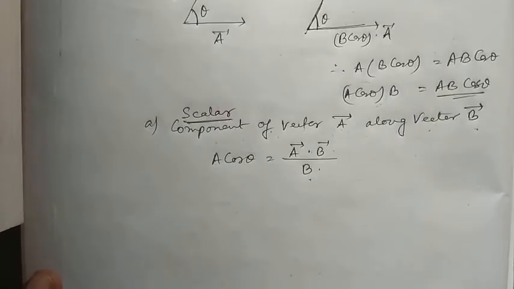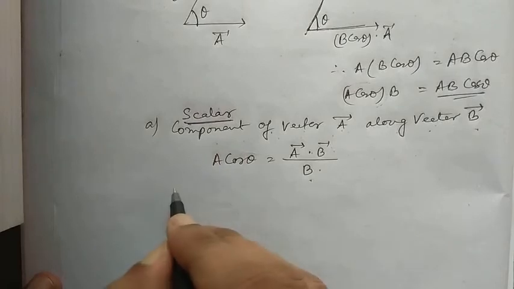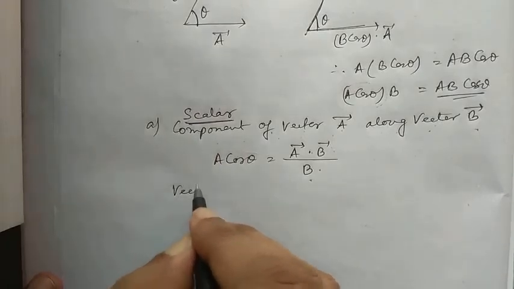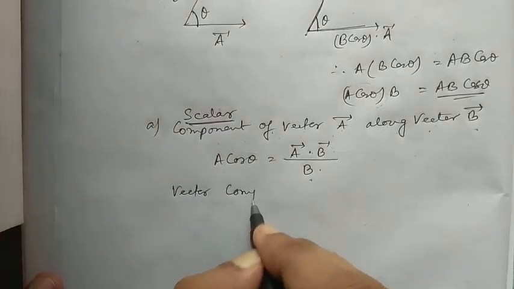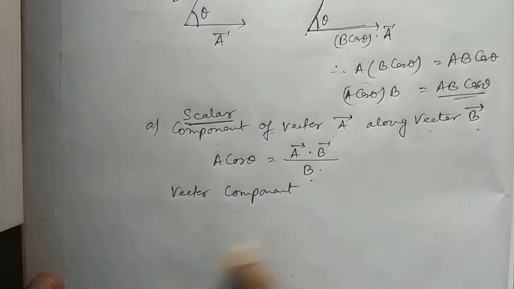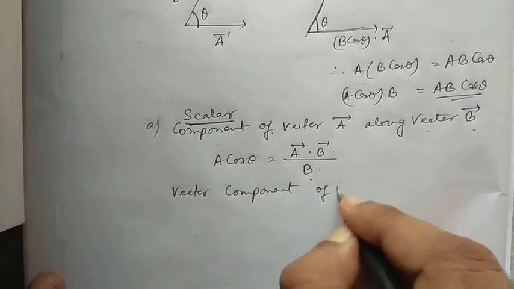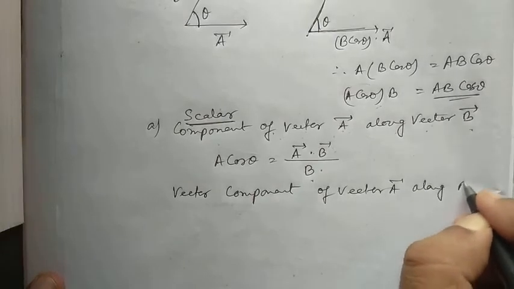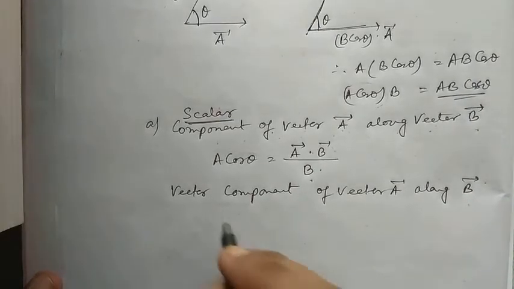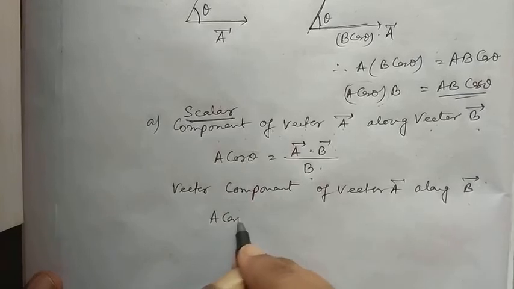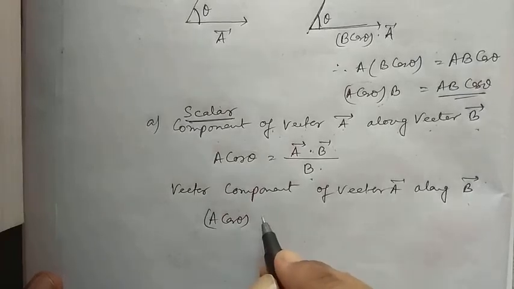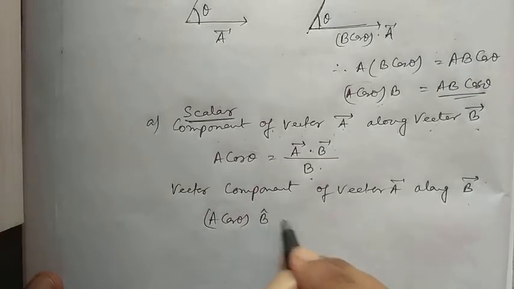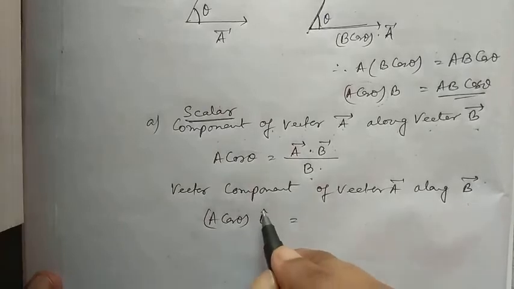Now extending this part, if we try to write the vector component of vector A along vector B, what will that be? This is a scalar quantity multiplied by the unit vector along the same direction of B, that is B cap.